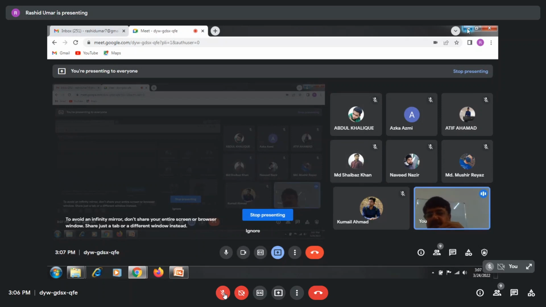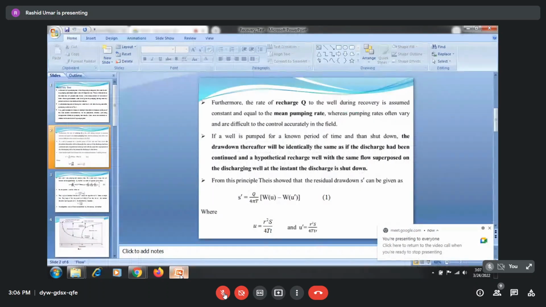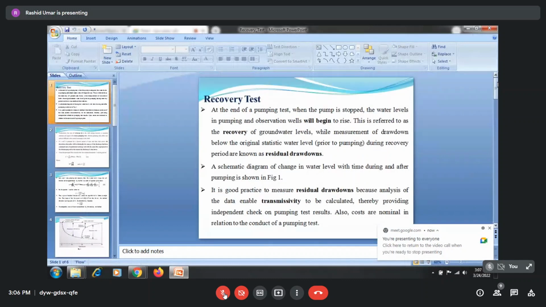So this recovery is important, and we do this recovery because we can utilize this recovery data for evaluation of transmissibility. The value of transmissivity we get by recovery is considered more accurate, more superior.